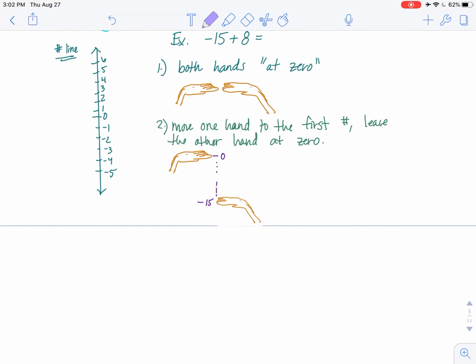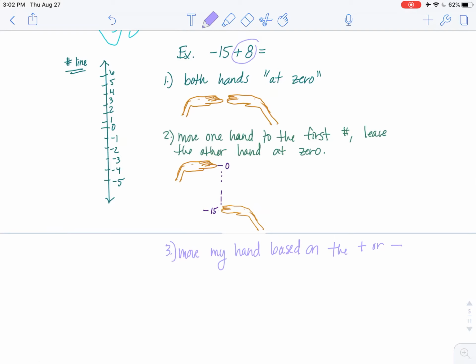Then what I'm going to do is move my hand again based on the plus or minus. So for example, in this case, it's +8. So I'm going to move my hand up 8.